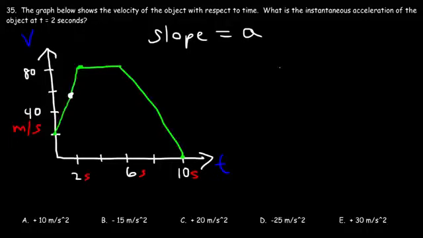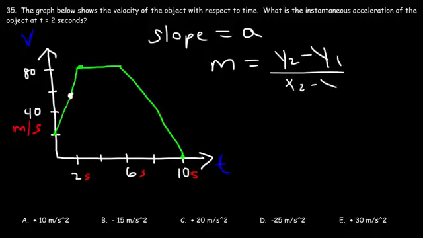Now to calculate the slope, in algebra represented by the symbol m, is the change in the y values divided by the change in the x values. In this particular example, the y values are basically velocity values. So y2 minus y1 is basically the final velocity minus the initial velocity.